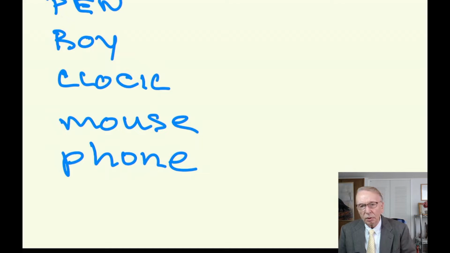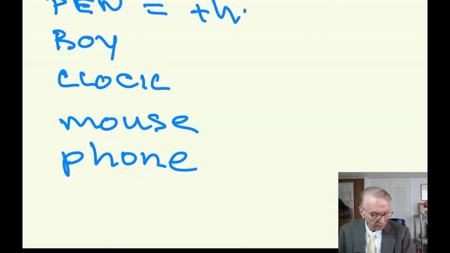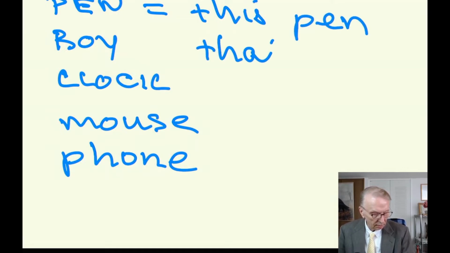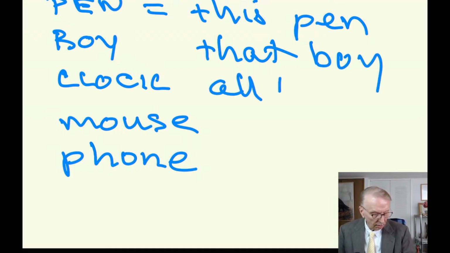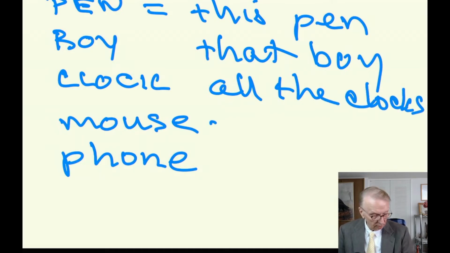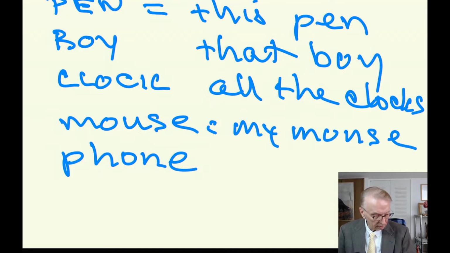So in order to indicate some specific pen, boy, clock, mouse, we use a determiner, such as this pen, or that boy, or all the clocks, or my mouse, or your phone.